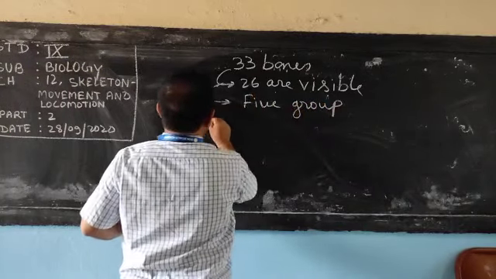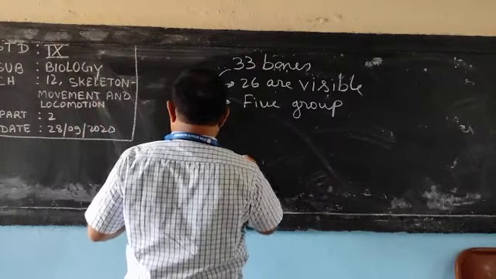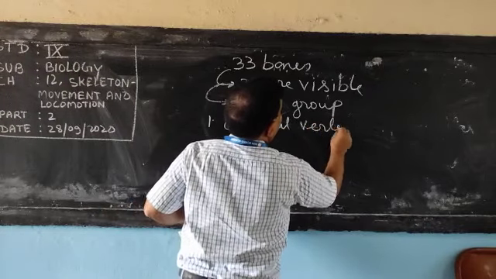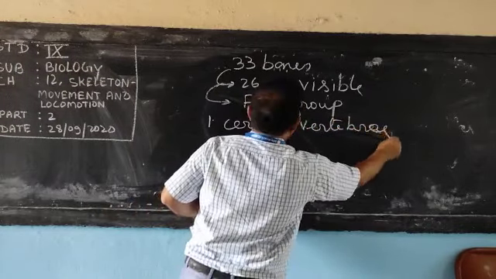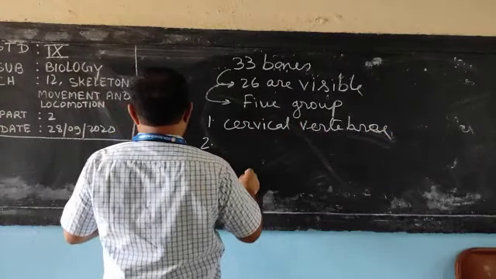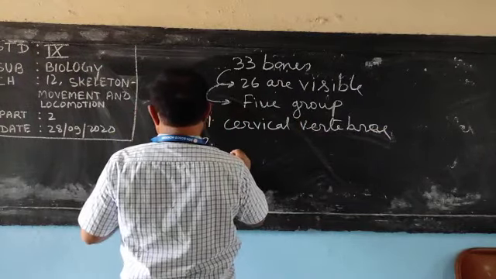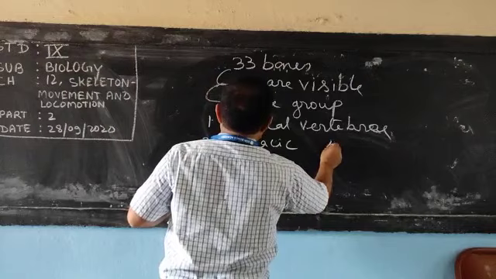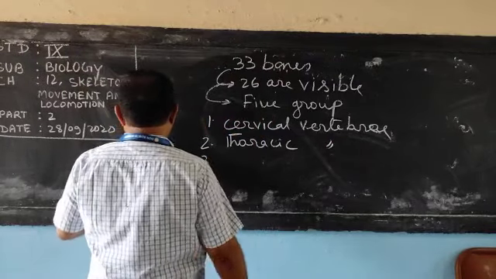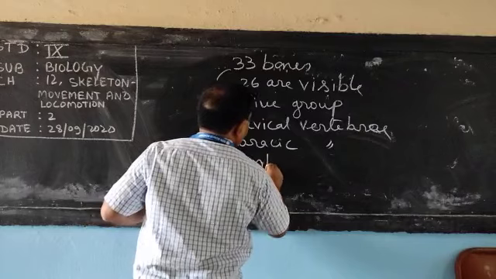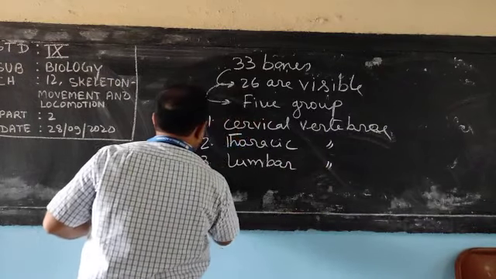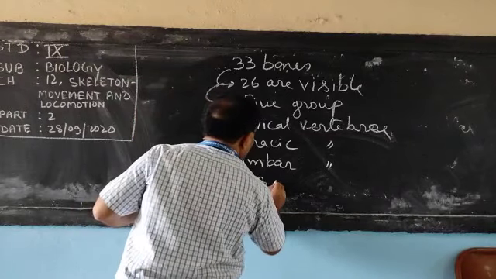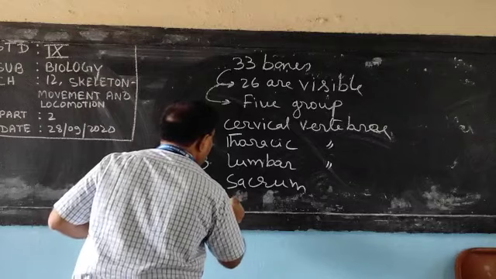What are those 5 groups? Number 1, cervical vertebrae. Next one is the thoracic vertebrae. Third one is the lumbar vertebrae. Fourth one is the sacrum, and fifth one is the coccyx.